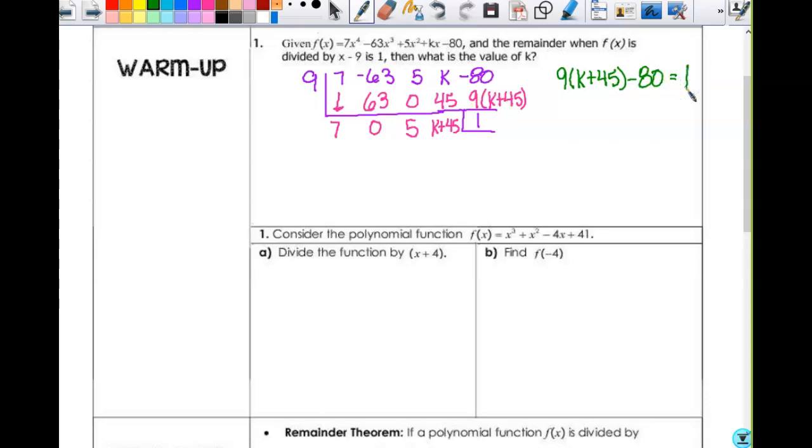So now by running through the synthetic division, I have set up a little equation there, and I can easily solve for k. So I'm going to add 80 to both sides. I get 9 times k plus 45 equals 81. So then k plus 45 equals what?